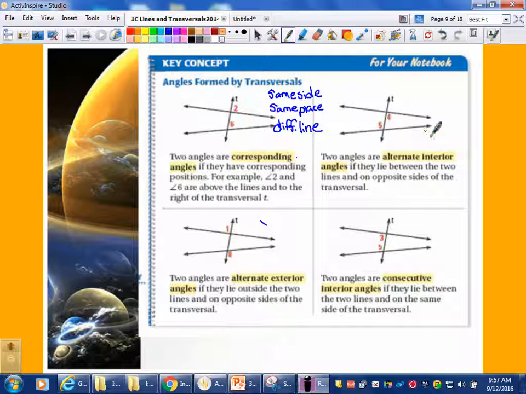Another angle relationship you will find are alternate interior angles. Alternate interior angles, alternate means opposite sides of the transversal, inside the two lines being intersected, and of course on different lines.